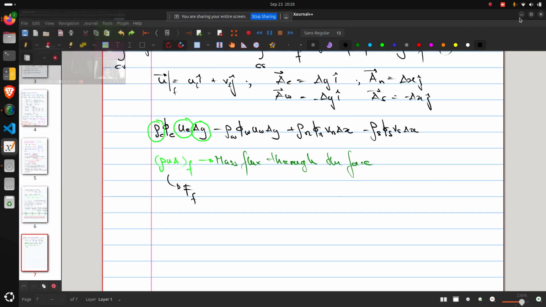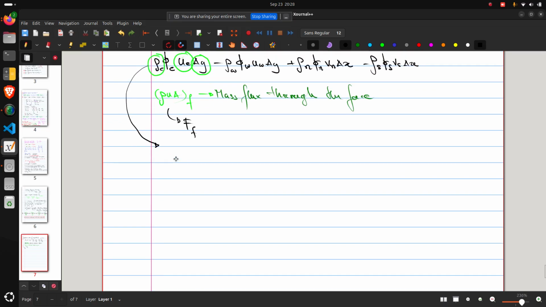Okay, let's get back. So what we had done is we converted this volume integral to a surface integral. Then in the discrete form, the integral was written in terms of a summation over all the faces. Now we define this mass flux term at each face as capital F, and this whole discretized convection term we can write like this.